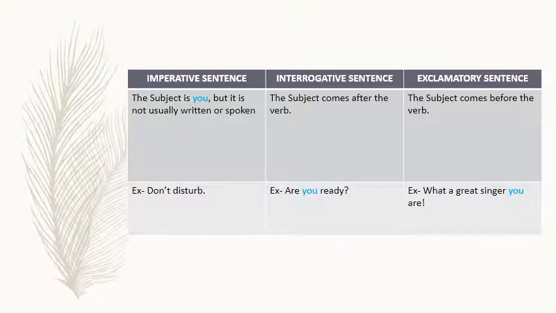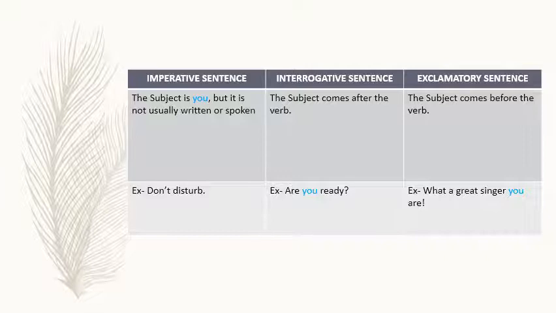Before understanding, let's remember what is called an imperative sentence. I hope you have remembered that an imperative sentence talks about command, request, order, or suggestion. For example, don't disturb, pay attention, come here, get away.